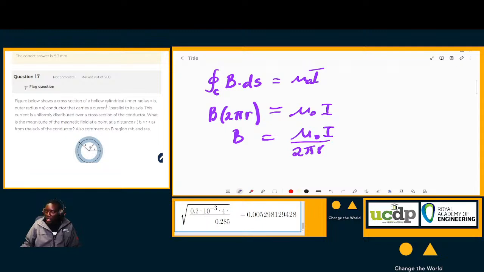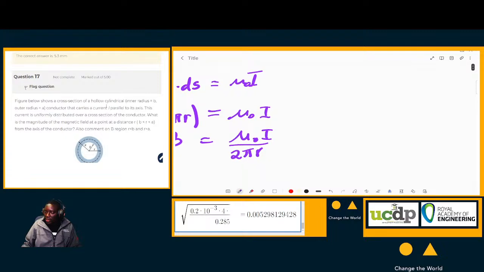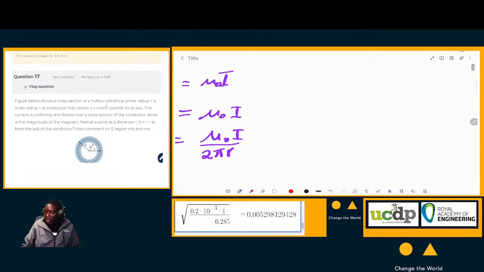So if we use our current density, we know that I enclosed over the enclosed area, which is given by pi r squared minus pi B squared, will also be equal to the total current over pi times (A squared minus B squared). So this is the difference in area.